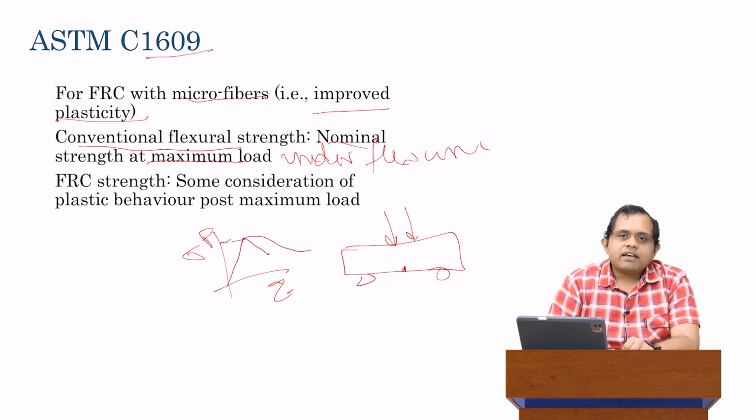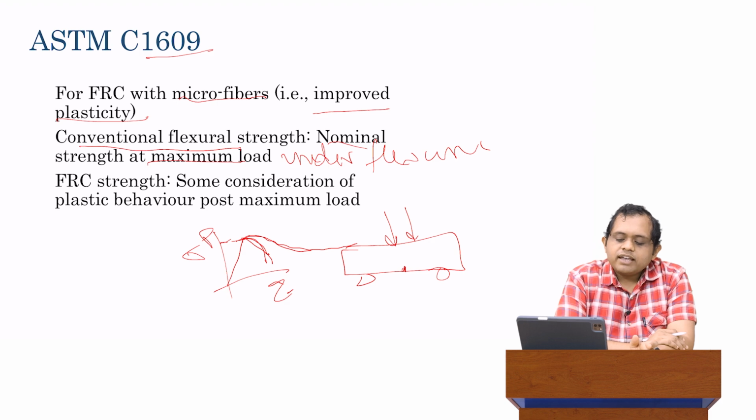But when we add FRC with microfibers, we actually improve the plasticity. That is, this post-peak behavior is no longer just a rapid decline in the strength, but we actually get a fairly gradual decline in strength. The post-peak behavior tends to be spread out much more.